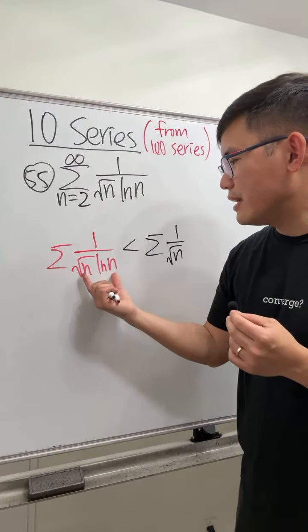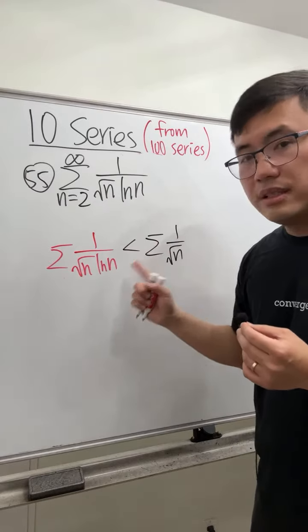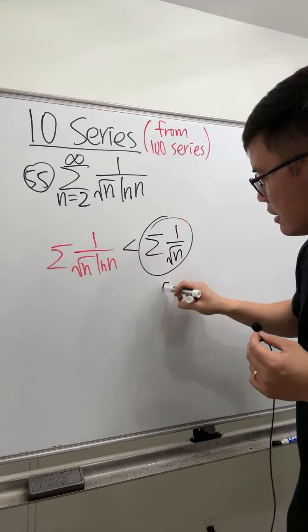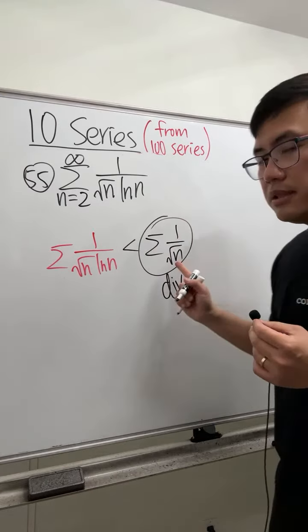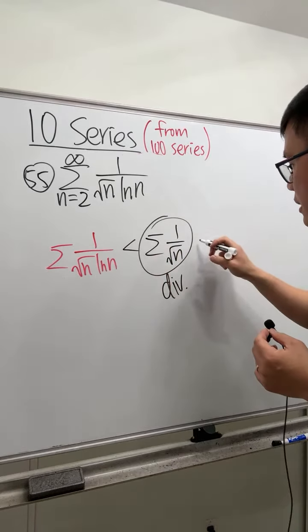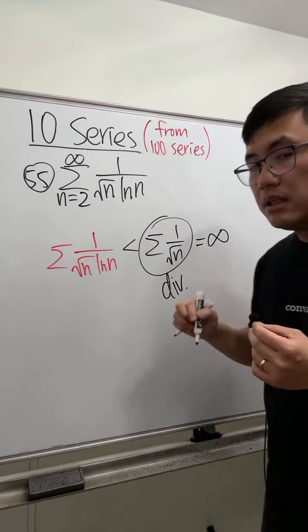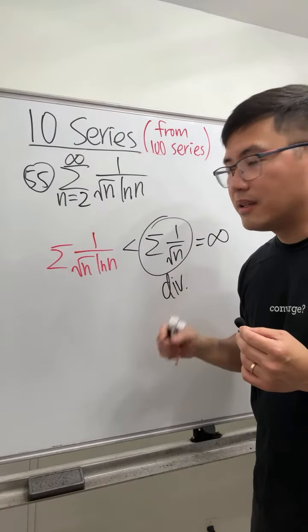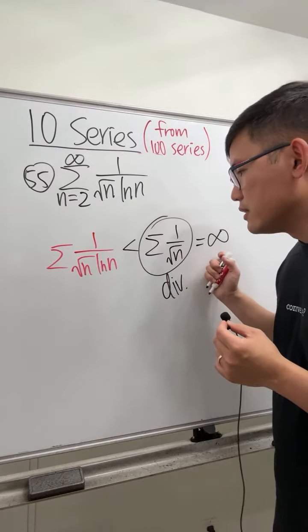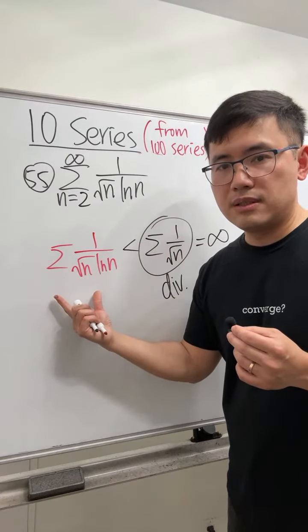If you just have n goes to infinity, this is the inequality, but here's the deal. This right here, it's a divergent p-series because p is equal to 1/2. In fact, this right here gives us infinity. Okay, this is a true statement. Now, we know that this series is less than infinity. What can we say about this?